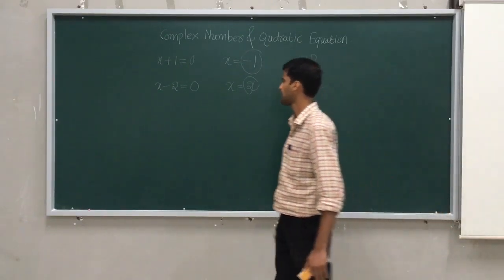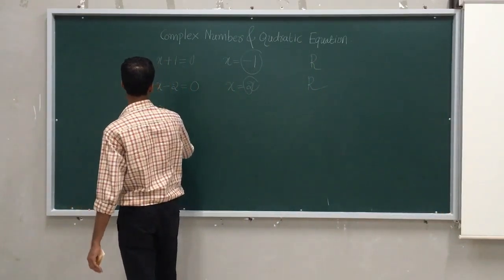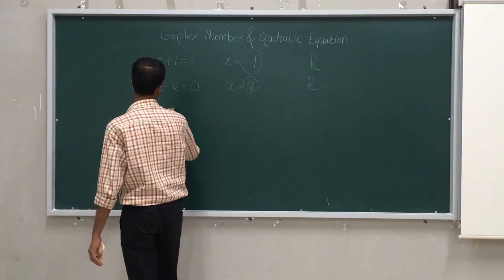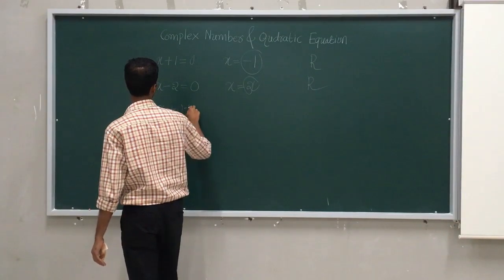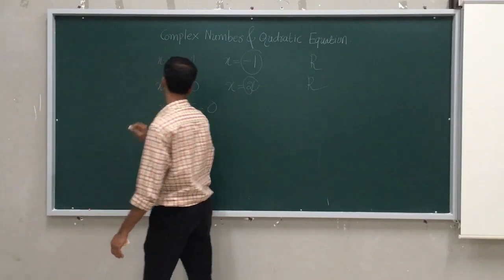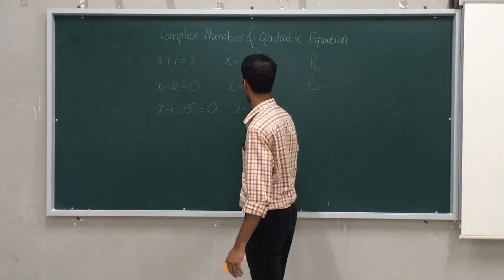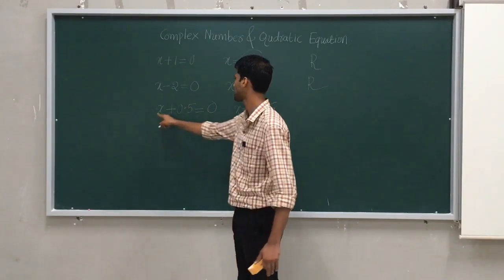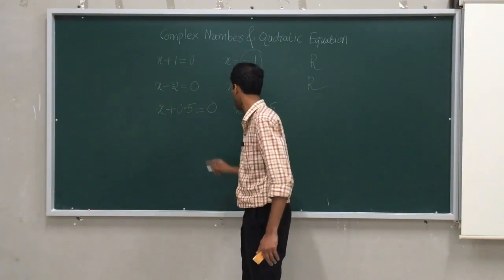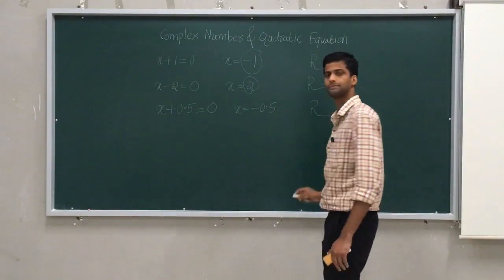If I ask you something like x plus 0.5 equal to 0, what is your answer? You will say x equal to minus 0.5, because minus 0.5 plus 0.5 is 0. Again, it is a real number.